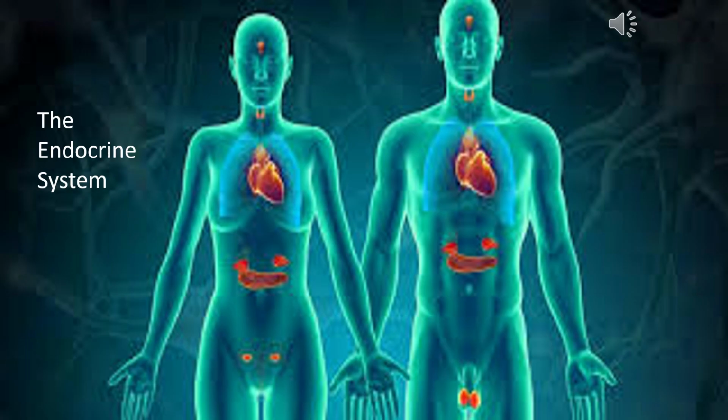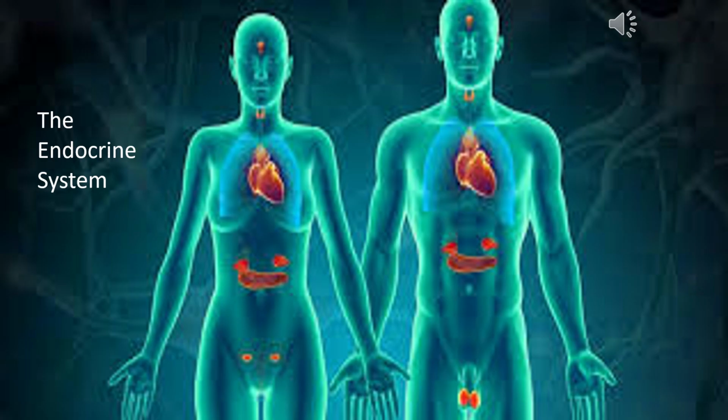But cells also release chemicals which will influence their own physiology. If the cell releases a chemical and that chemical actually influences the cell that made the chemical, it is called an intracrine secretion.